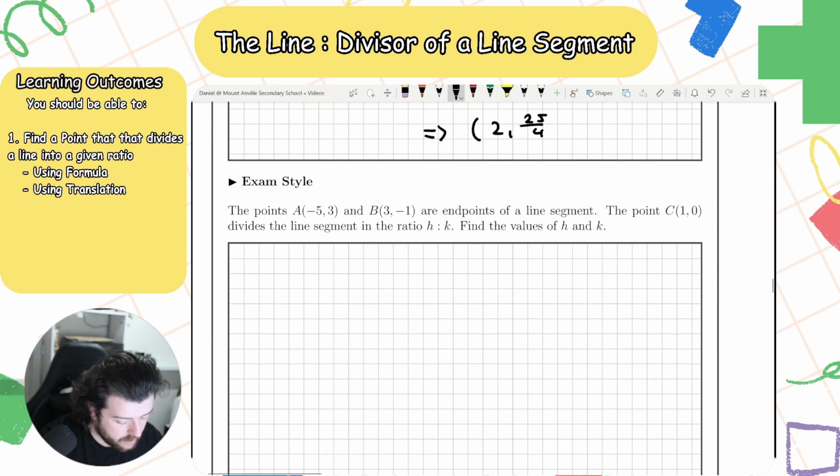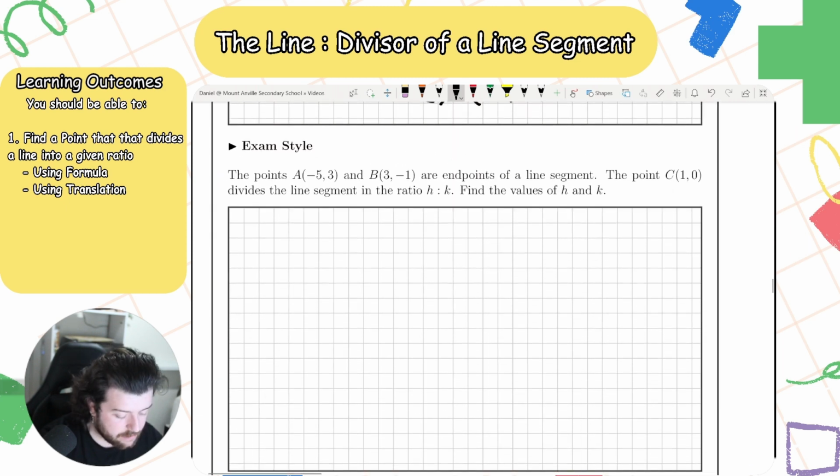Right. Then final question here, it's an exam style question. So the points A (-5, 3) and B (3, -1) are endpoints of a line segment. The point (1, 0) divides the line segment in the ratio h to k. Find the value of h and find the value of k. So what we're going to do is use my formula.